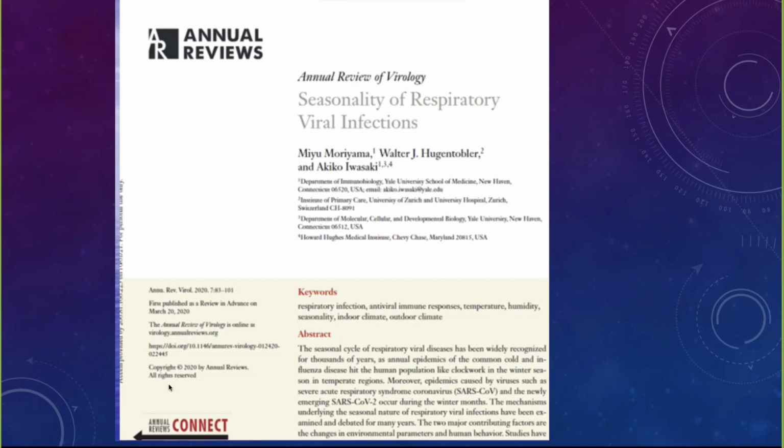Human behavior also matters, whether you are inside because it's cold outside, or outside in summer with a lot of humidity. All of these appear to play a role, and respiratory viruses may also compete with each other for different receptors. All of that is very interesting.